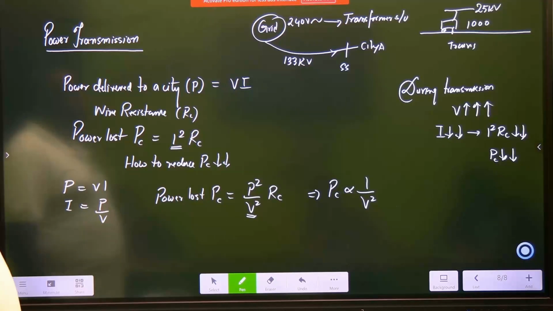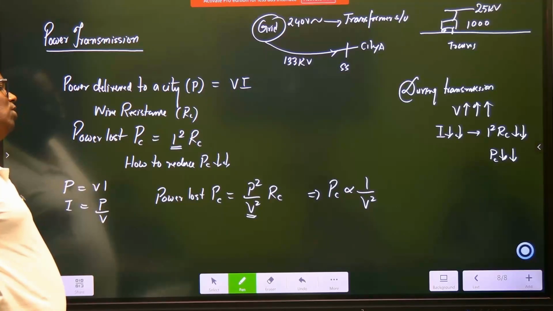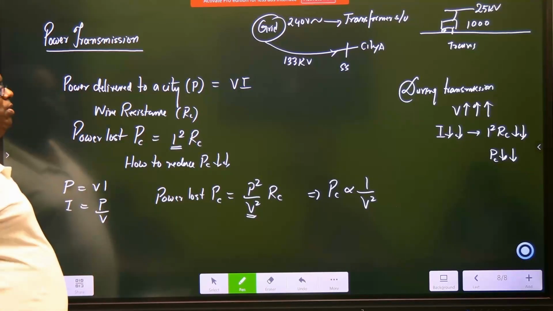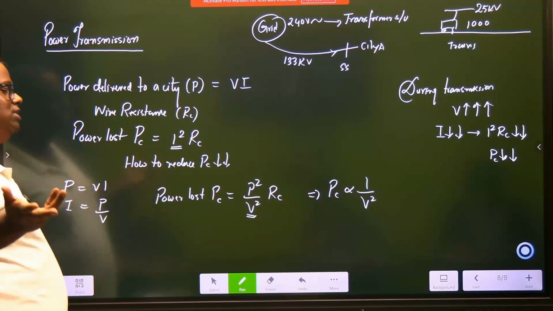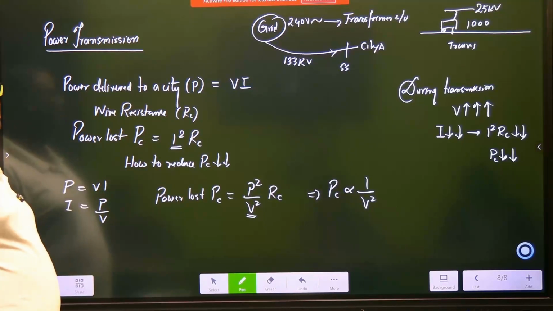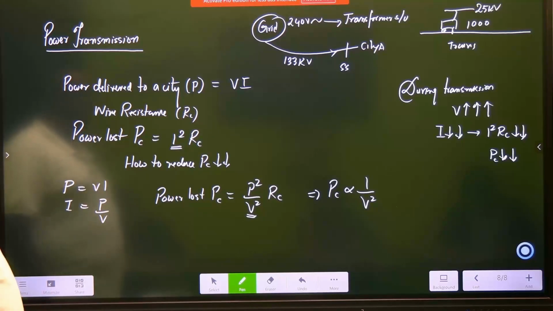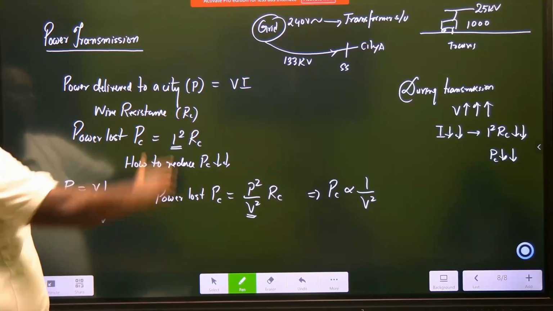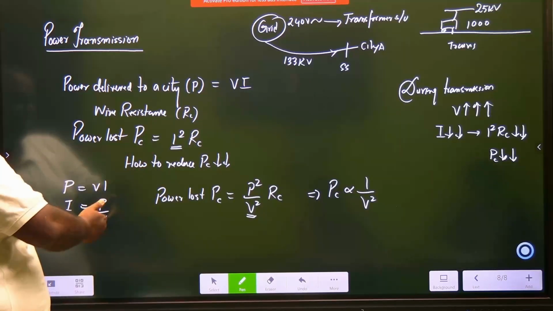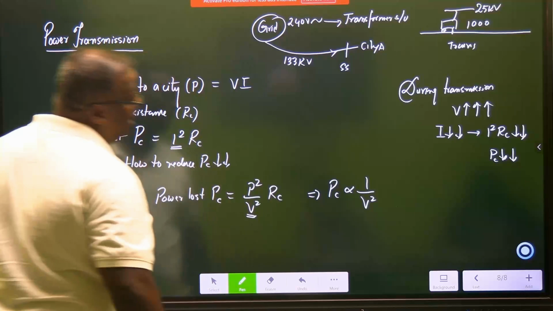So your job is to reduce the current. How do you reduce the current? There is only one way. If you see Ohm's law, P is equal to VI, or V by I is equal to R. So the only way you can reduce current is by jacking up the voltage. So our job will be to jack up the voltage. So power loss is equal to I square RC, and I is equal to V by R. So if you see, the power loss is inversely related to the voltage.